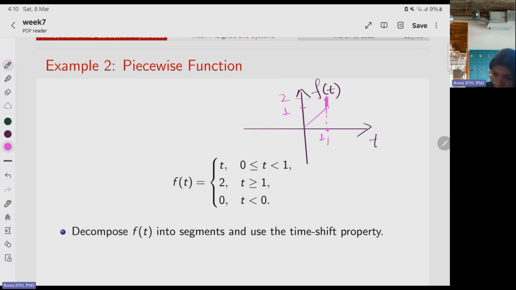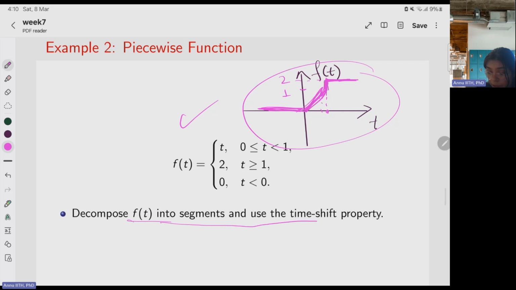So f(t) is t for t between 0 and 1, whereas it is 2 for t greater than 1, and 0 for the rest. So you have some discontinuity here, and this is going like this. So this is showing some sort of different implications.